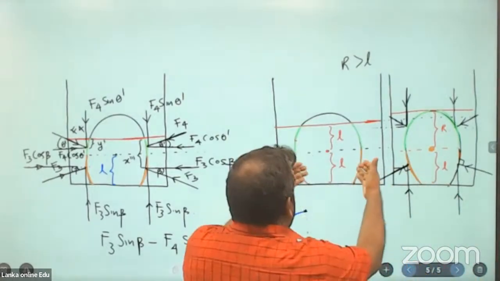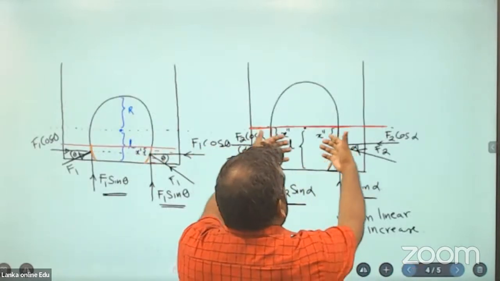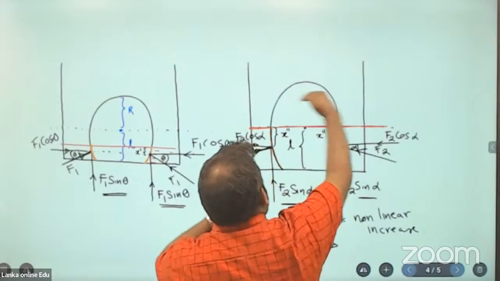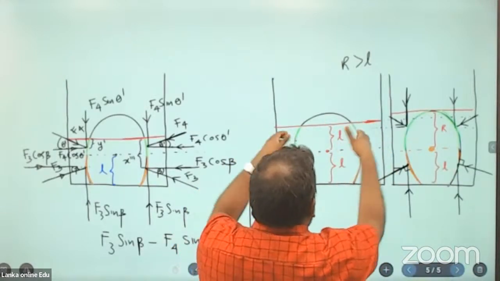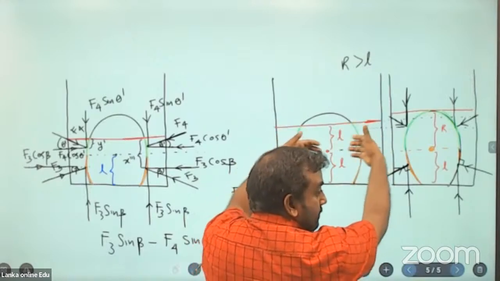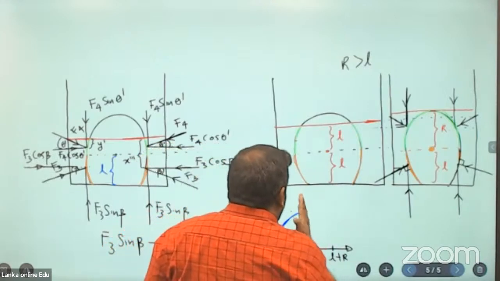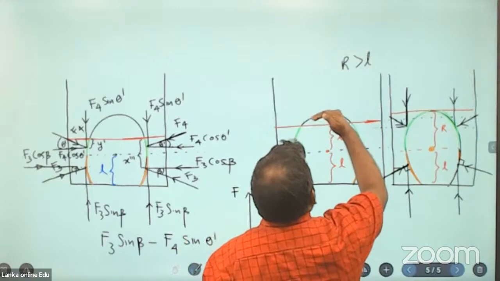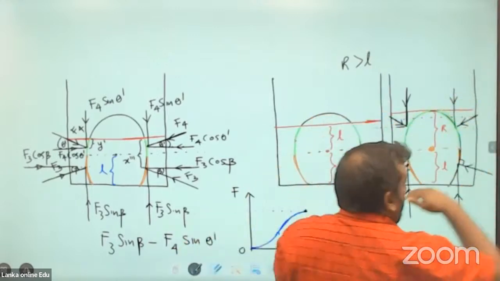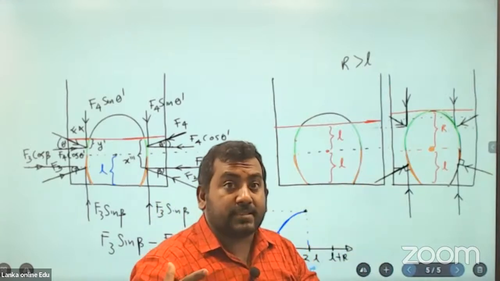The volume touching the bottom here, L, and when it comes to 2L, the volume touching there. This volume and that volume are equal, symmetrical. So the upward resultant force will be maximum there. When you go beyond this, the downward volume or the volume touching the top surface increases.